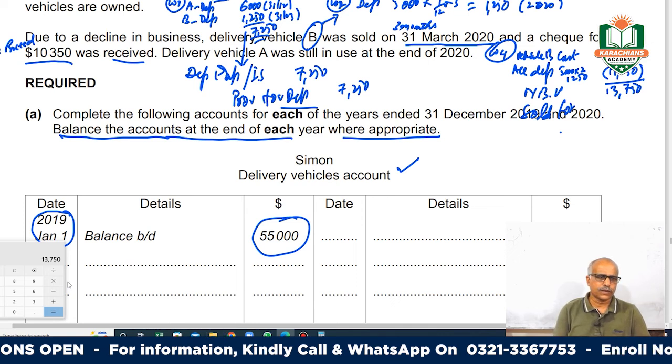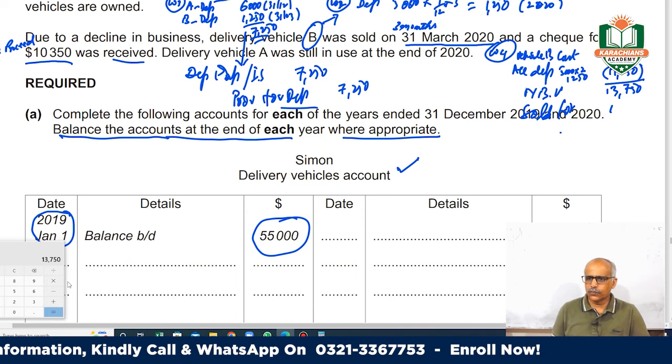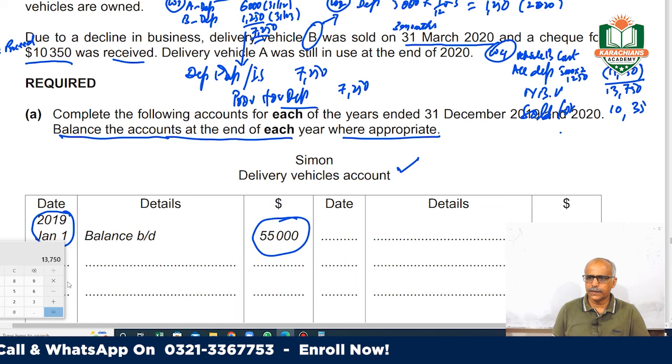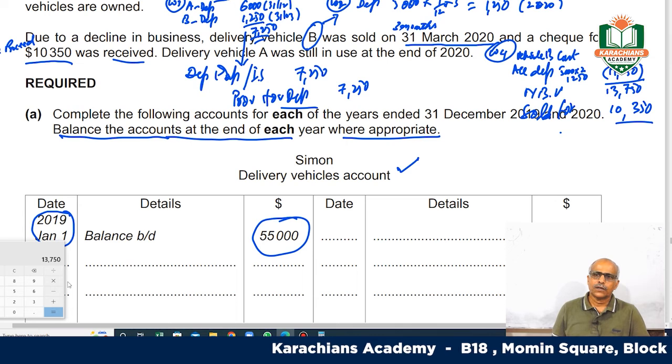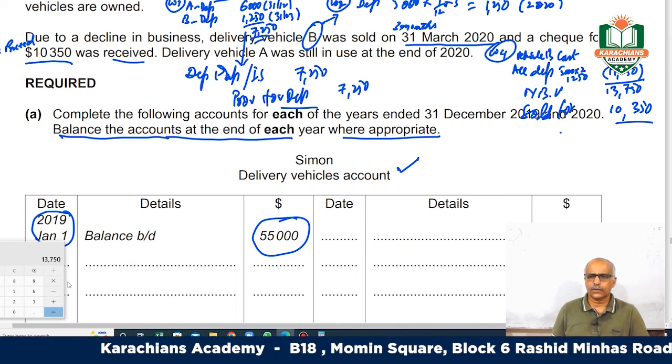It was sold for 10,350. It means the net book value was 13,750 and you sold it for less, so you disposed of this at a loss.